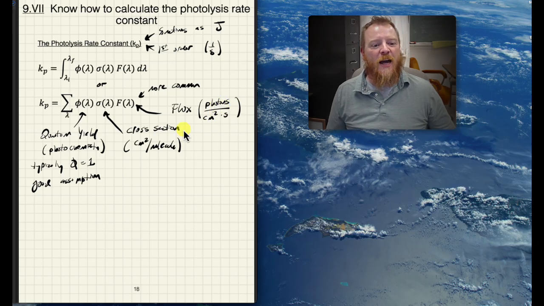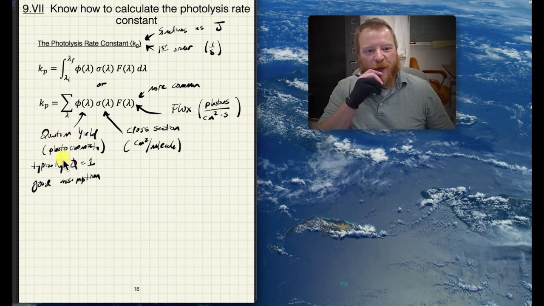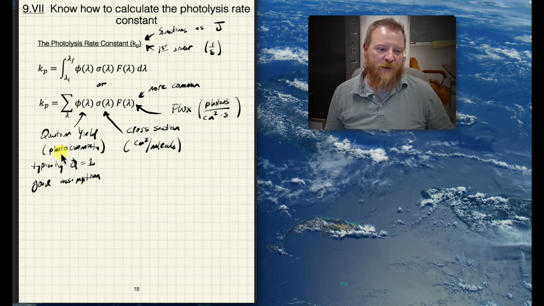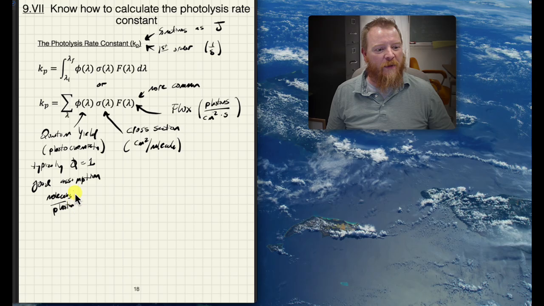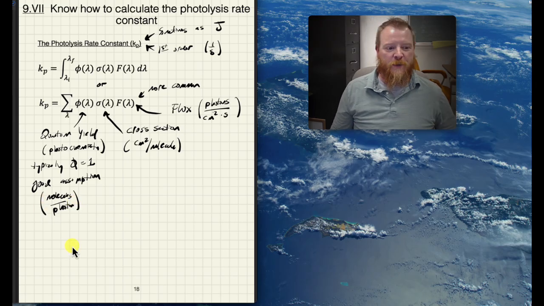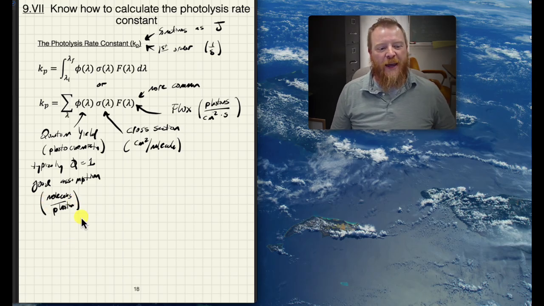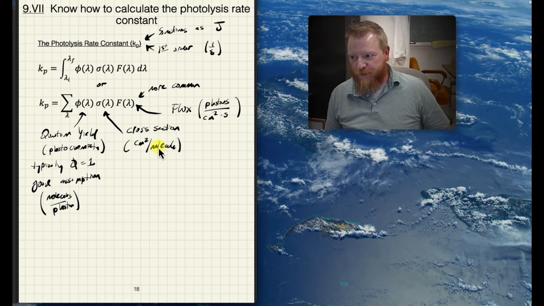Now the photon unit and the molecule unit technically cancel through the quantum yield. In other words, we could really think of the quantum yield as how many molecules were formed over how many photons were absorbed. So the molecule and the molecule will cancel, and the photon and photon will cancel.